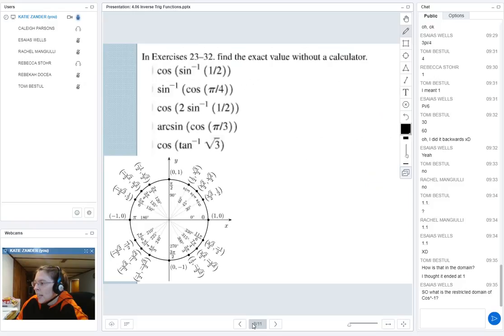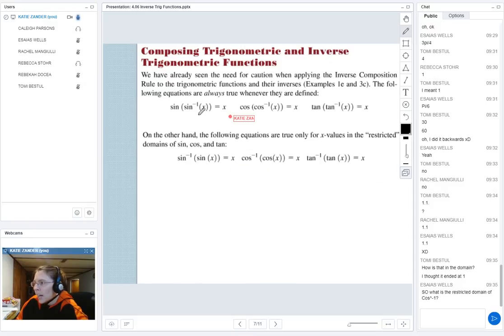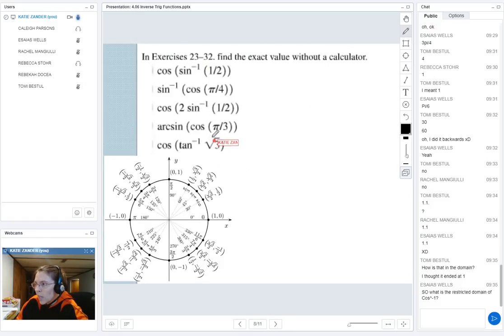Okay. Now again, the rules are if the inverse is on the inside of the parentheses, then it's going to cancel no matter what. If the inverse is on the outside of the parentheses, then you proceed with caution. So some of these we can go ahead and calculate fairly quickly. Well, maybe not, because these all look like they're different inverses of each other.